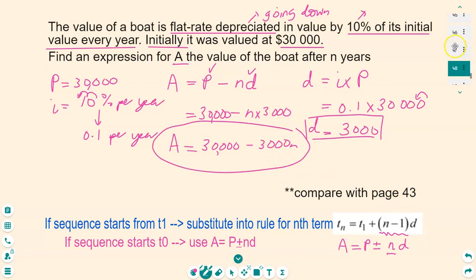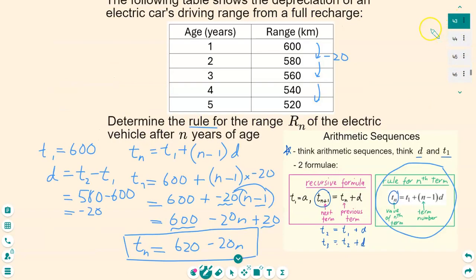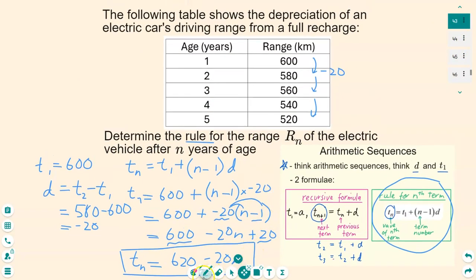But let's check how we can compare this with page 43. So remember this formula here. Okay. Anything that starts at T1, you're going to use this rule for the nth term. So see how these started at T1? And this is also a depreciation table, but a bit different. The following table shows the depreciation of an electric car's driving range from a full recharge. And it starts at year 1.